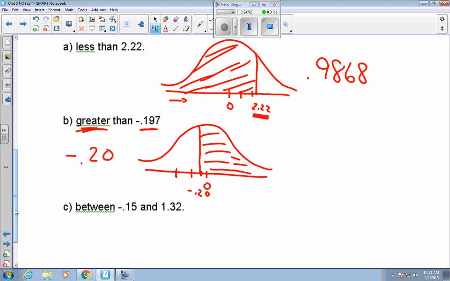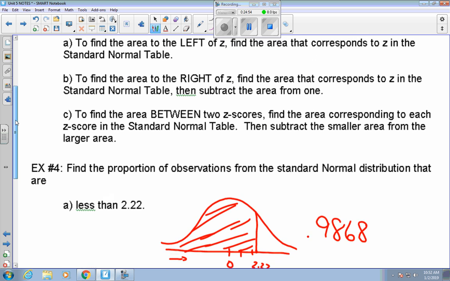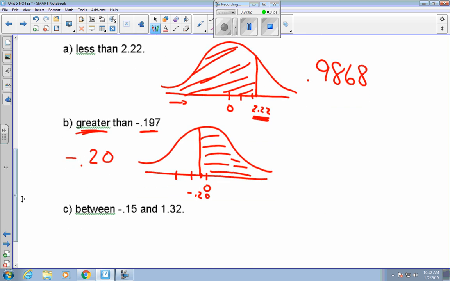So this is the second scenario up here. To find the area to the right, subtract the area from 1. So we have to find the cumulative area, which is this portion right there. Cumulative area, the area to the left. So I look up, and if you need to put the 0 in, by all means put the 0 in. So it's negative 0.20.